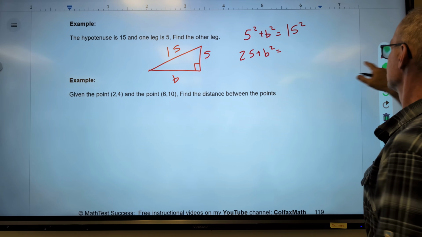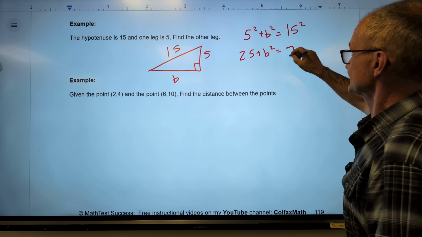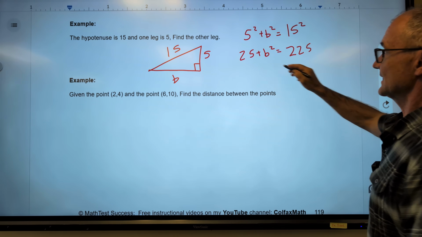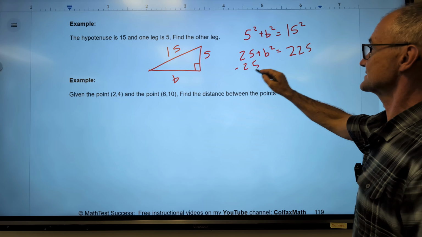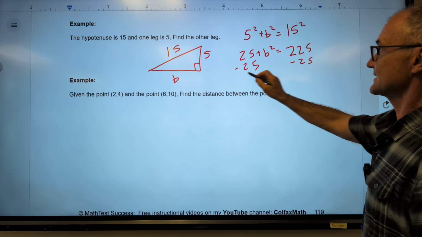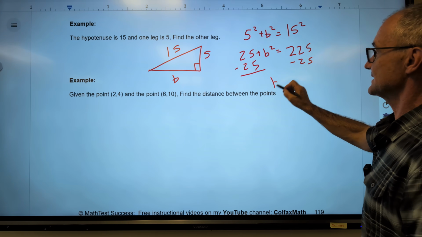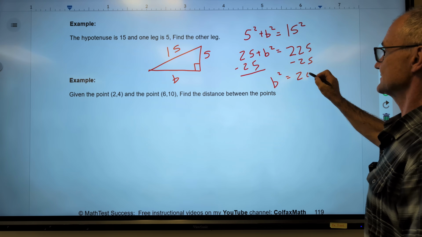I'm going to subtract 25 from both sides. These are canceling. I get B squared is equal to 200.